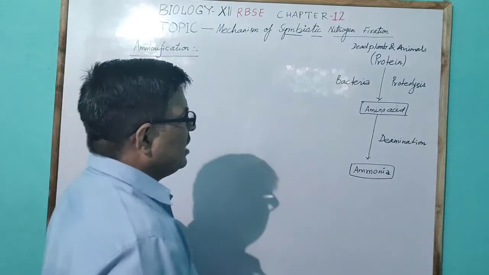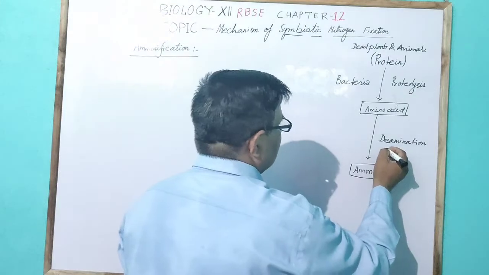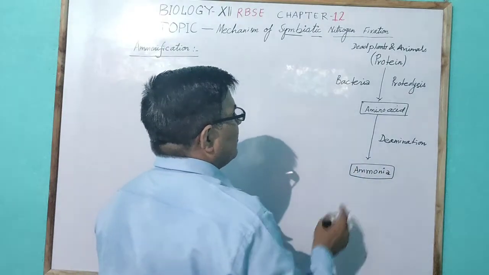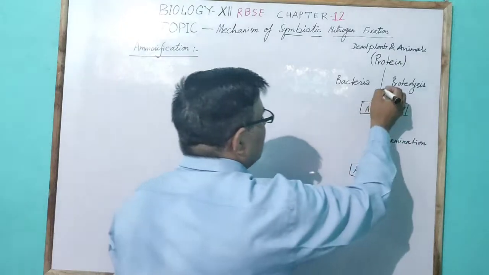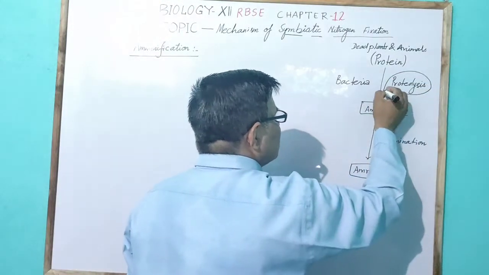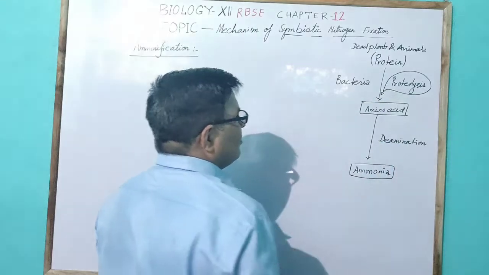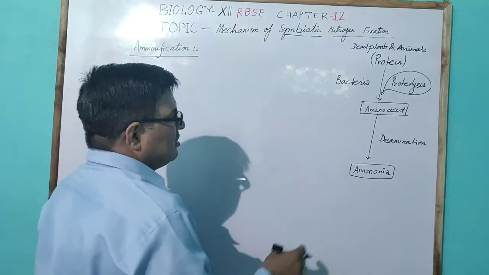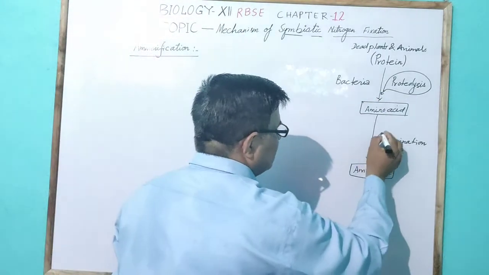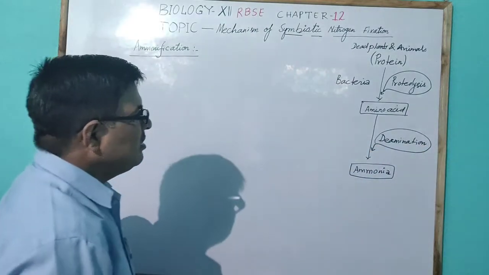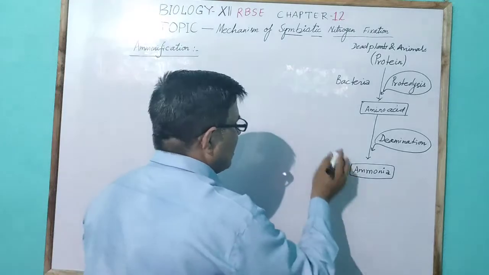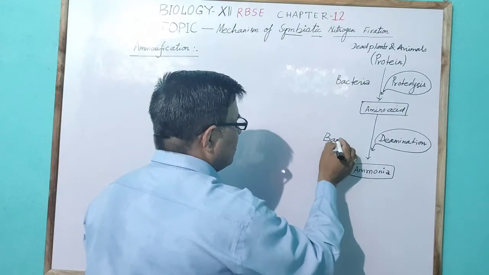The reaction is called deamination. So, the protein changes into amino acid. This is called proteolysis. And when the amino acid changes into ammonia, this is called deamination. And deamination also occurs by the bacteria.